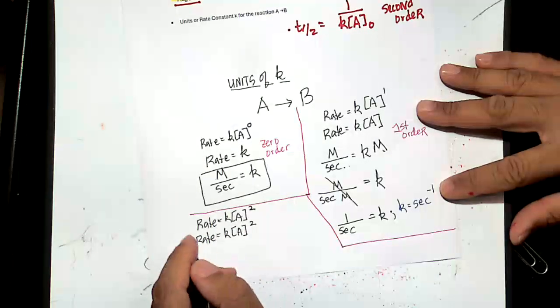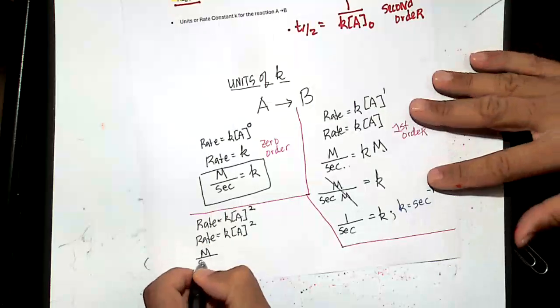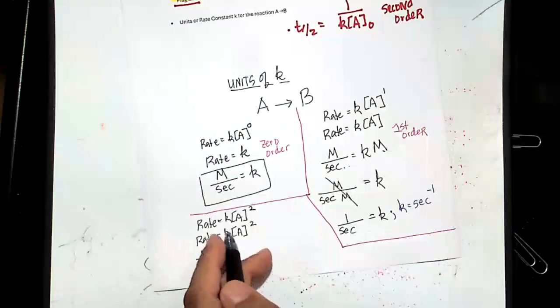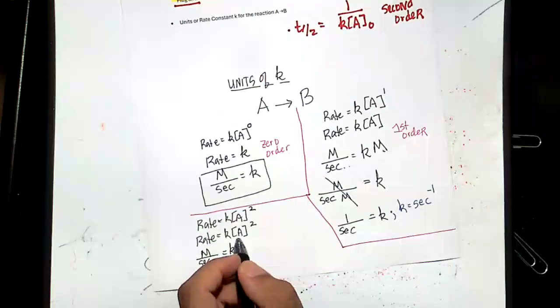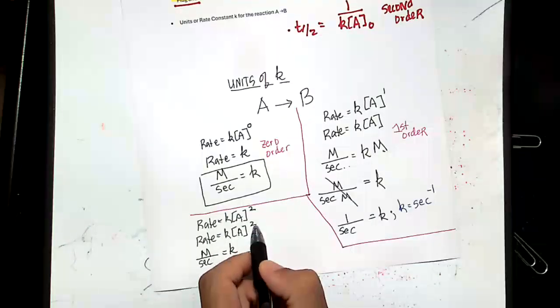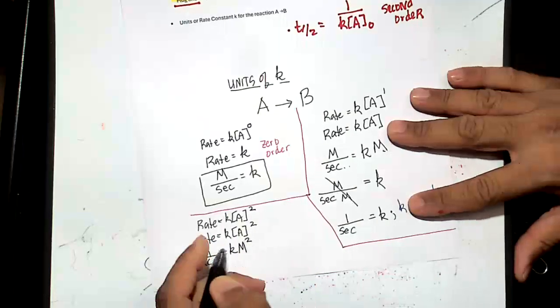So the rate's base units are molarity over second. K, that's what we need to find the units of. What are the units of the bracket? The units of the bracket are M, but what else is it? M squared.